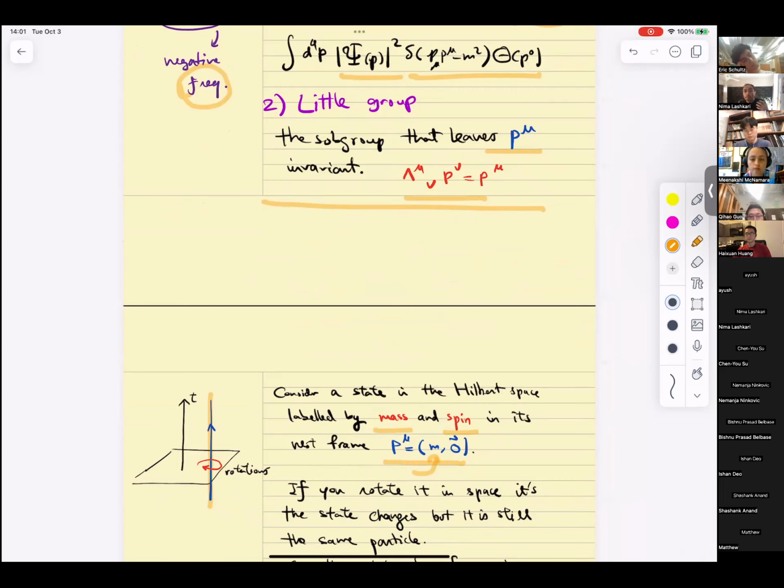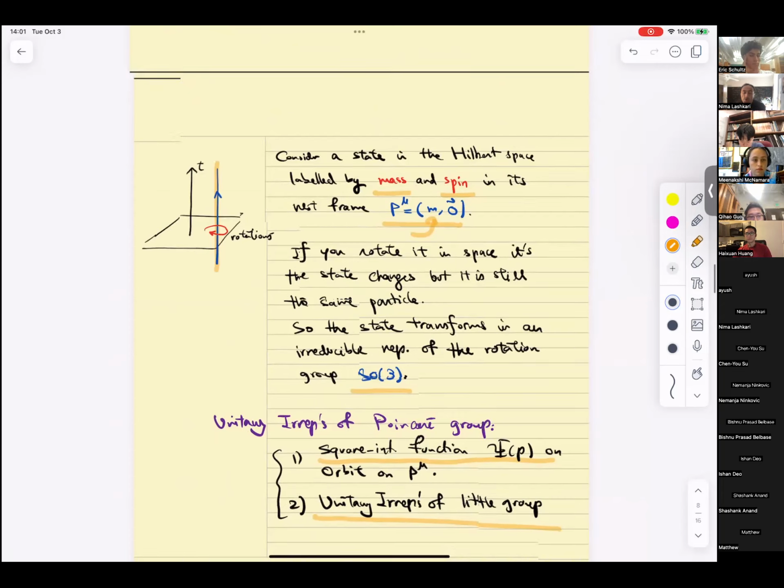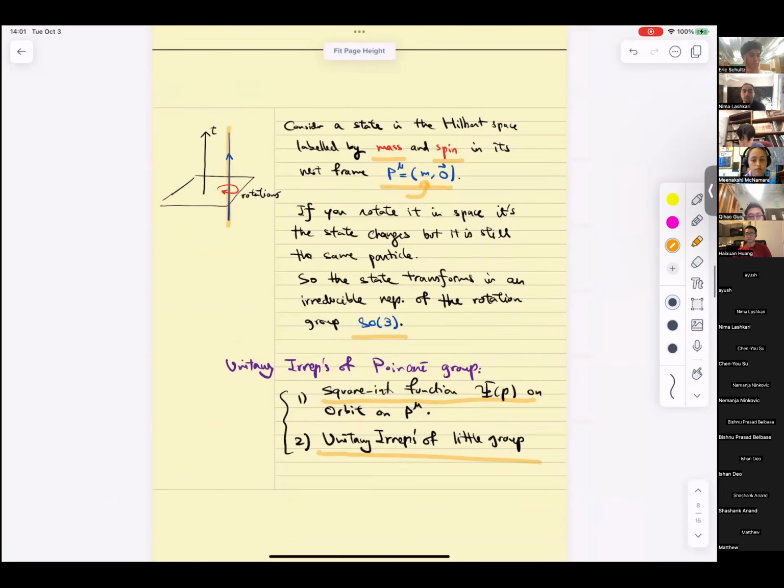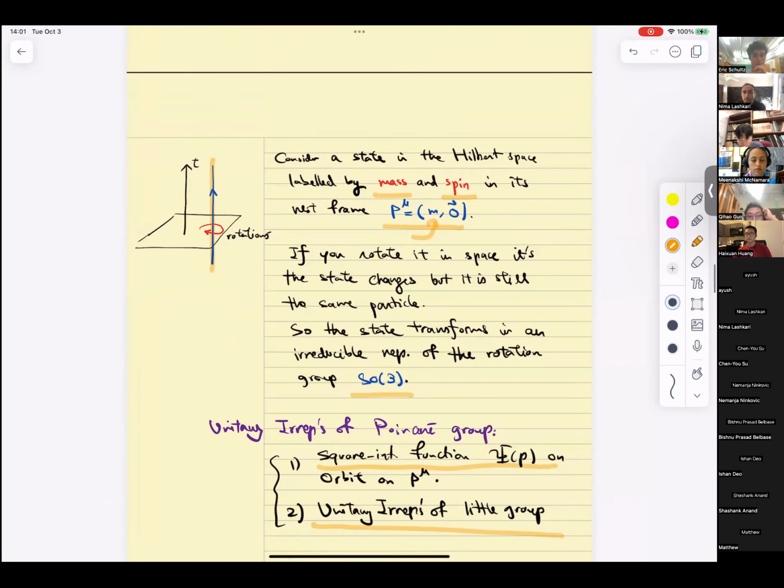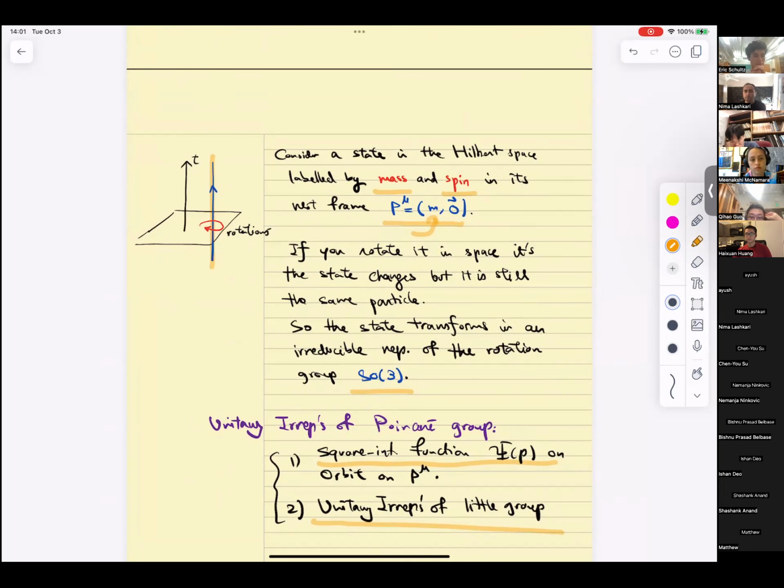But if the particle is moving with some four-momentum, you're in a frame where the four-momentum is non-zero, and the little group would be rotations in the rest frame, Lorentz transformed to whatever frame you are in. Any questions? Hopefully these are intuitive. These should not be too abstract.